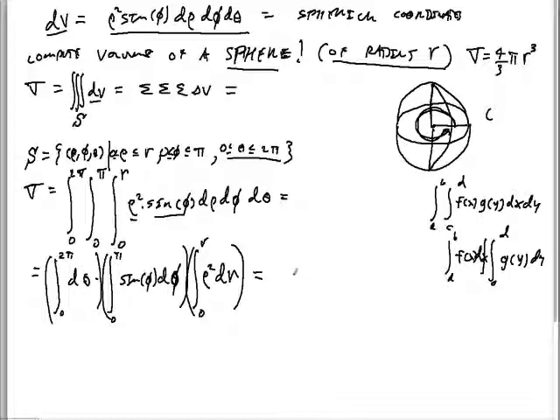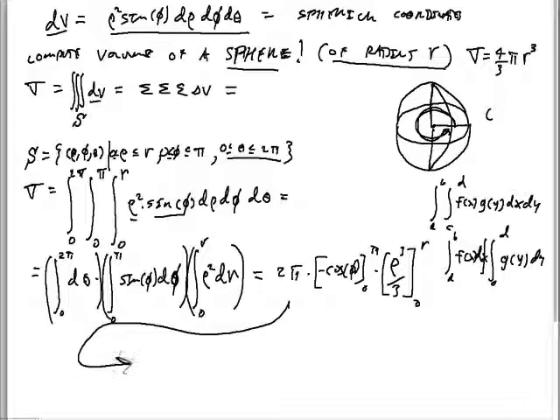So this one becomes just 2 pi. That one becomes negative cosine phi evaluated from 0 to pi. And finally, this one becomes rho to the third power over 3. We evaluate it from 0 to r. Okay? So we put that together, 2 pi. And then I put a 3 over there from this 1/3 sitting there.